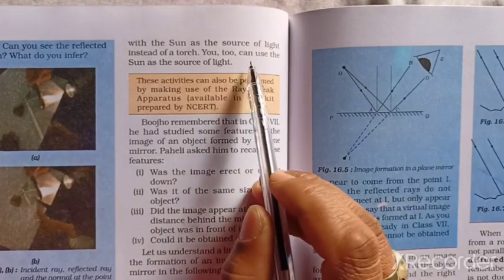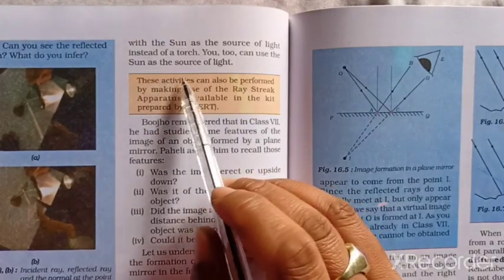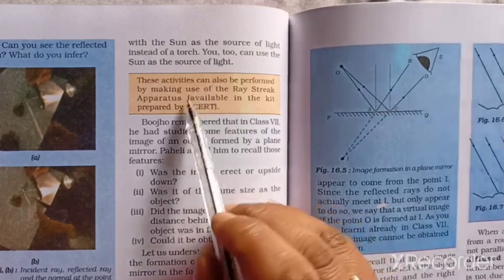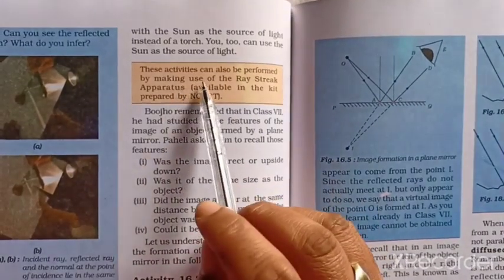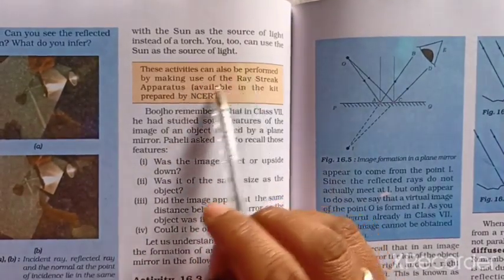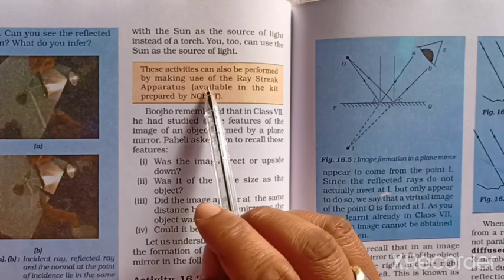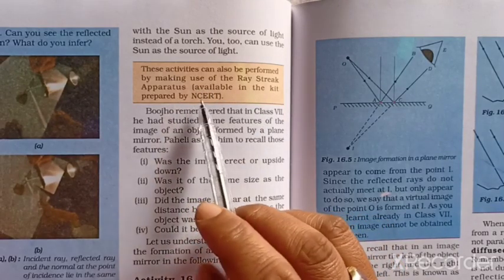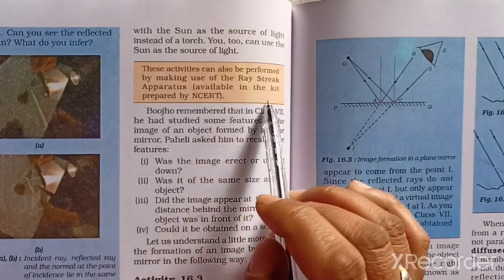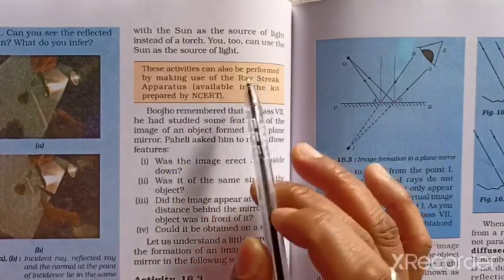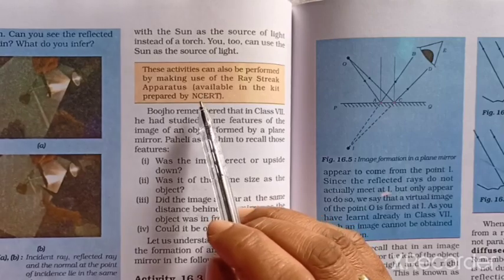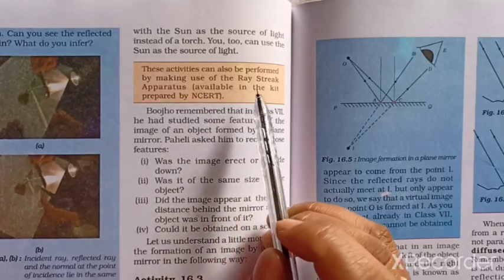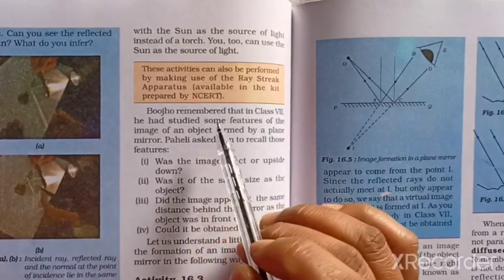These activities can also be performed by making use of the ray stick apparatus that is available in the kit prepared by NCERT. So many activities we can also perform by making use of the ray stick.